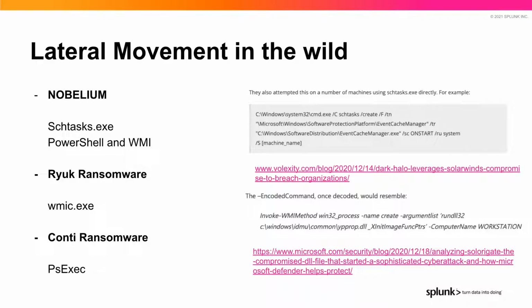They also abused WMI using PowerShell to try to execute code remotely, as we can see in these reports. The Ryuk ransomware is known to leverage WMIC to, again, leverage WMI to execute code remotely. The Conti ransomware group uses PsExec to move laterally, a legitimate administrative tool, right?